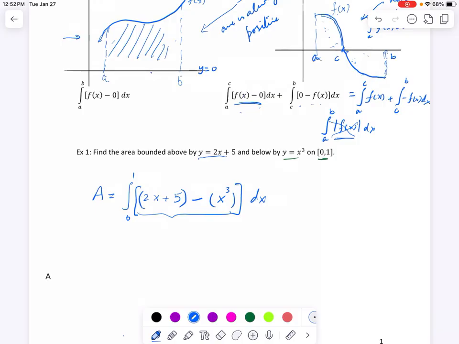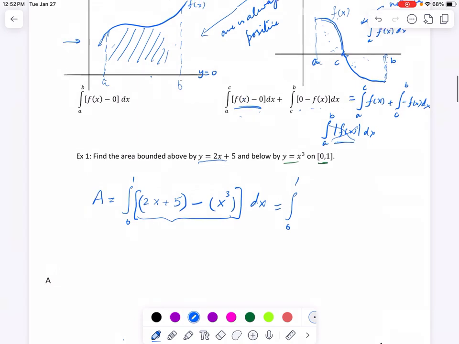So this now becomes the integral from 0 to 1. I can now remove the inner parentheses: 2x plus 5 minus x cubed. Again, you can remove these ones as well and just put dx there. So now if I integrate, 2 times x squared over 2, the 2 and 2 get cancelled, plus 5x minus x to the 4 over 4.